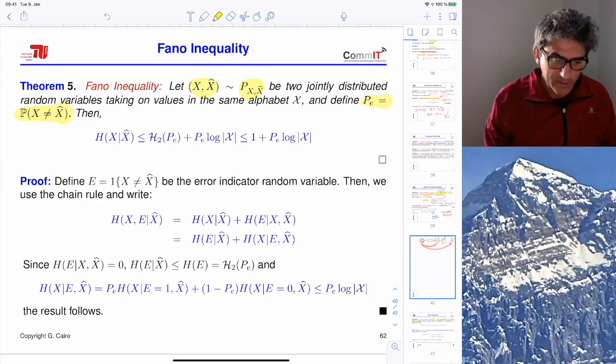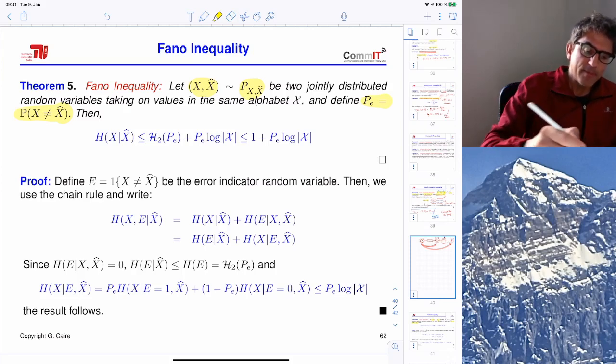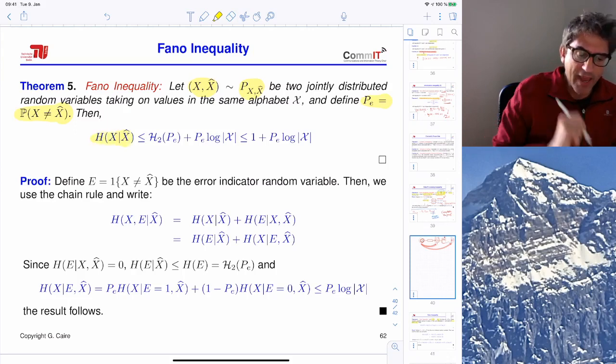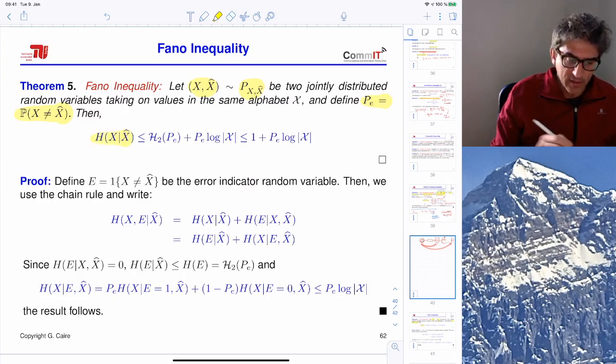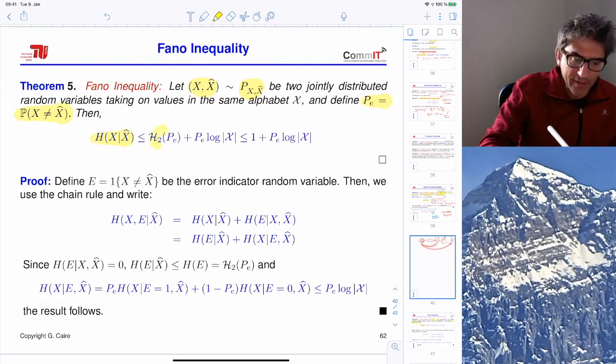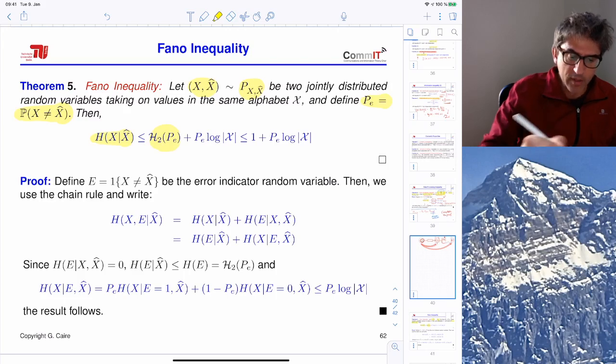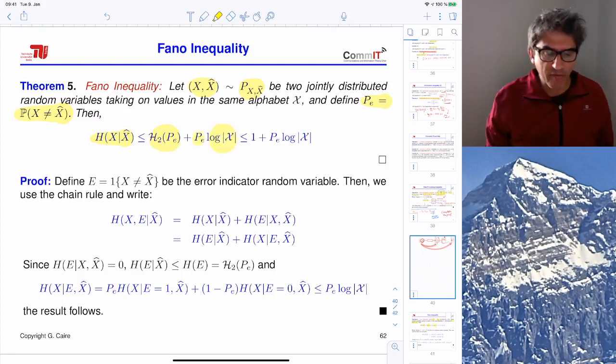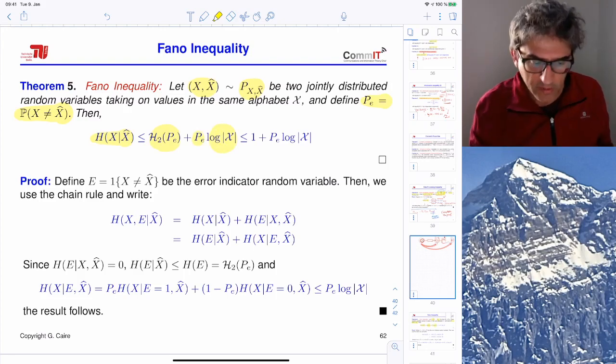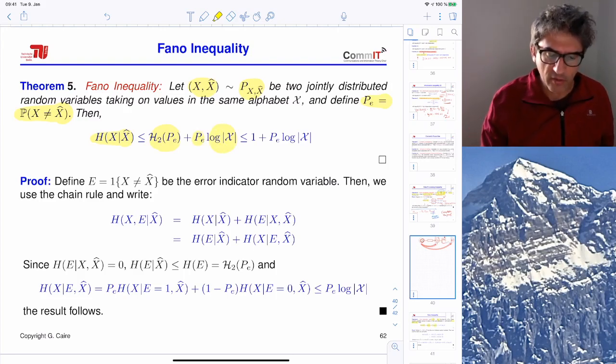And the final inequality says that the conditional entropy of x given x hat is upper bounded by the binary entropy function calculated at the probability of error, plus the probability of error itself times the logarithm of the alphabet of possibilities, the alphabet in which x and x hat take on values.